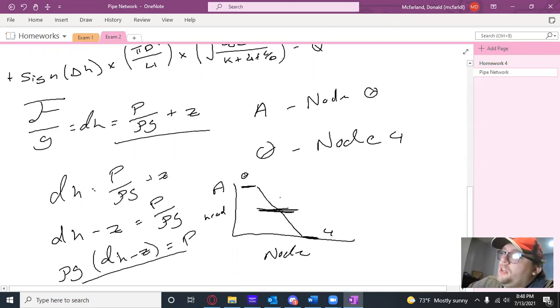So right here is node 0, and right here is node 4. By using the mean, we have a 50-50 shot because it's either going to be above it or below it.